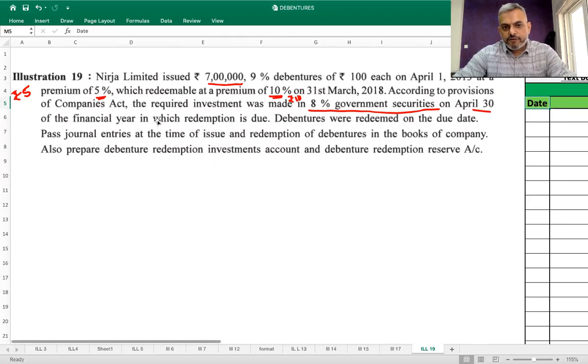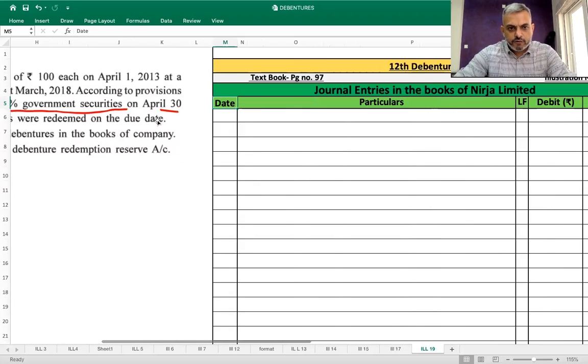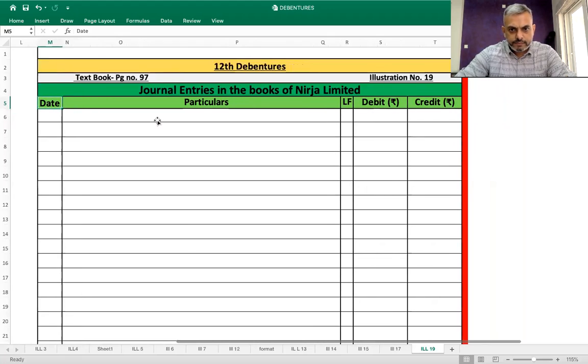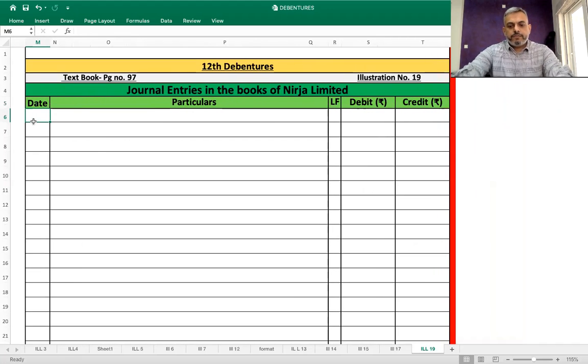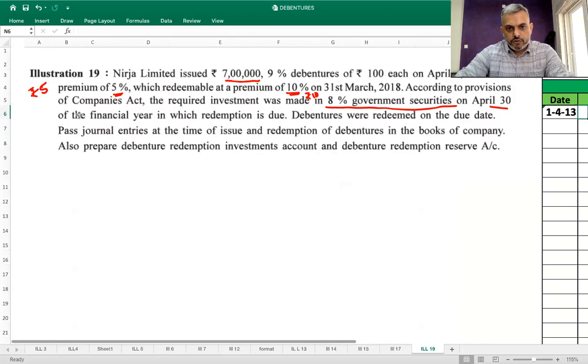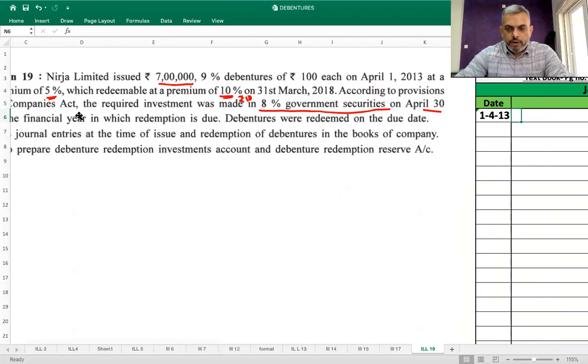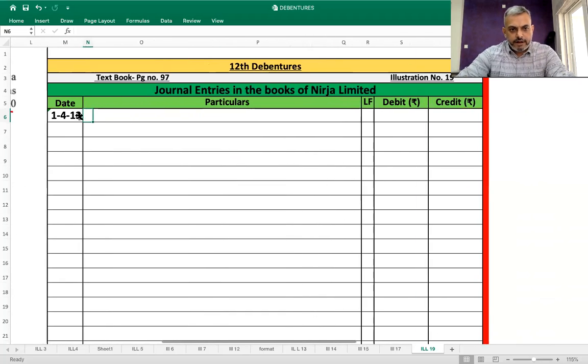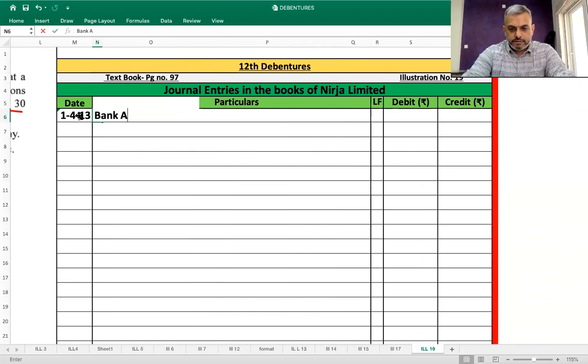Now, first we have to pass the entry for issue. So, 1st April 2013. Now, as you know, here we are going for lump sum. Okay, amount of a debenture is to be paid at one go. So, bank account debit. Now, debentures of rupees 7 lakh.